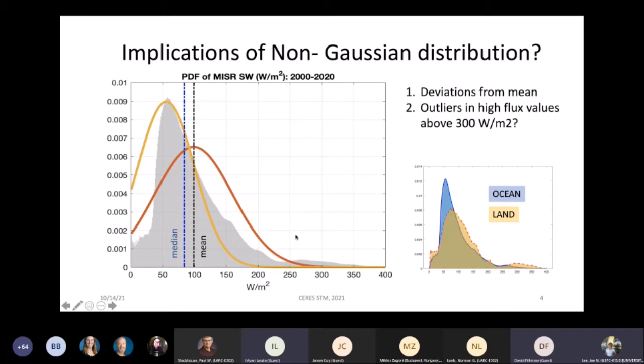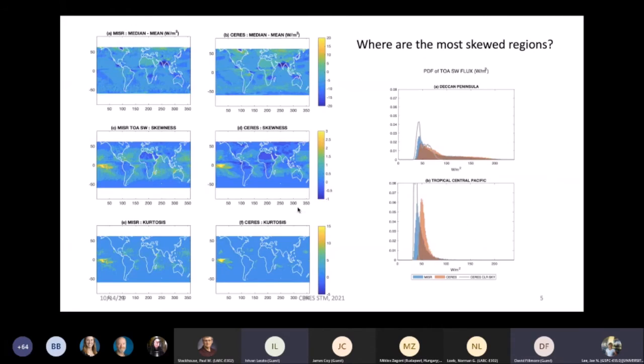With extreme hemispheric asymmetry, the reflected flux is difficult to characterize over these regions, and besides, the shape of the distribution may not be preserved over high latitude areas. So let us look at the difference between the mean and median, skewness and kurtosis maps from MISR and CERES. And I will get back to the high latitude regions later in the talk as time permits.